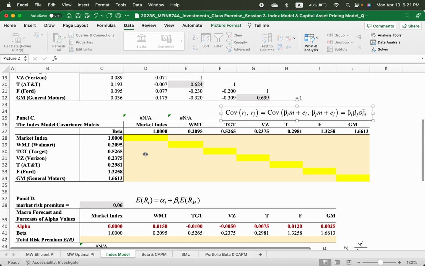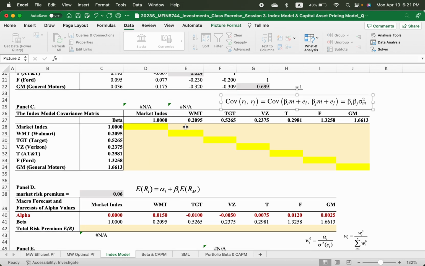Let's calculate here the beta, equal beta times also the beta of the Walmart. Now times what I need, right?